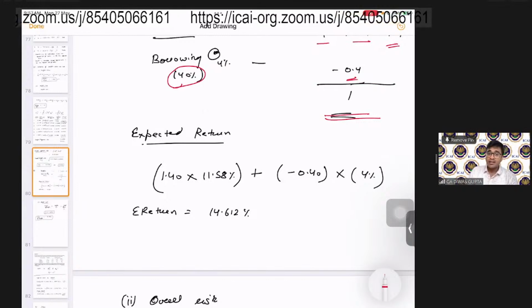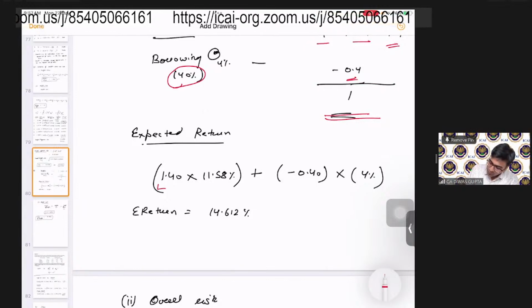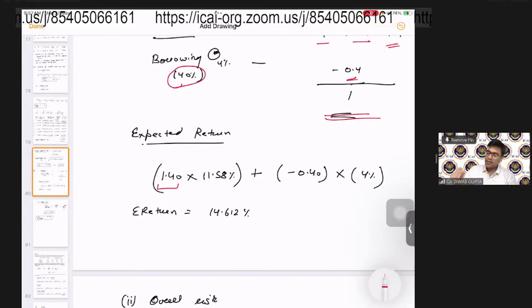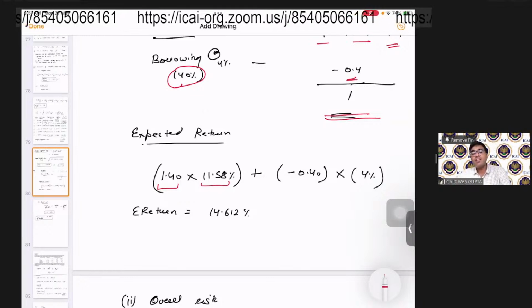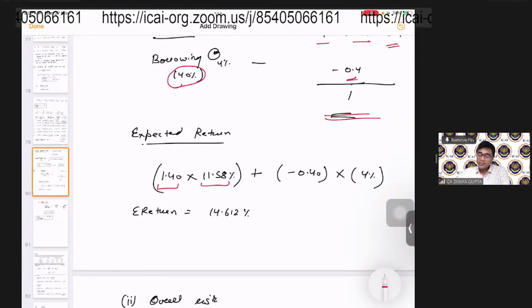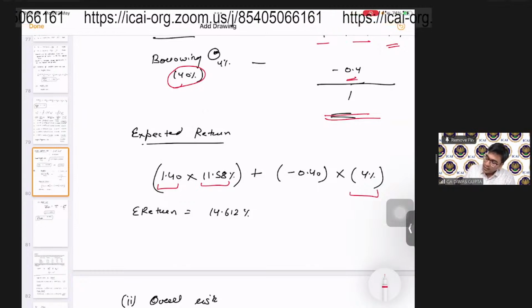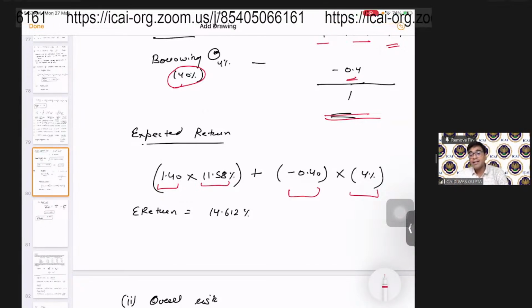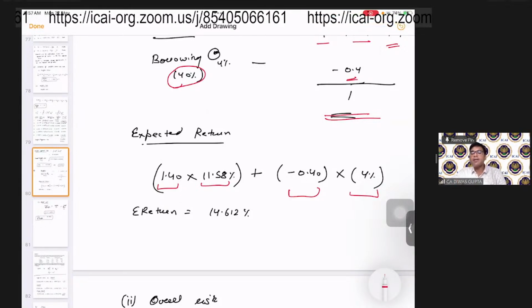Now, how will expected return change? My expected return on portfolio, which is 11.58, will get multiplied by 1.4. And the 4% that I have to pay will get multiplied by minus 0.40, which is 40%, right?